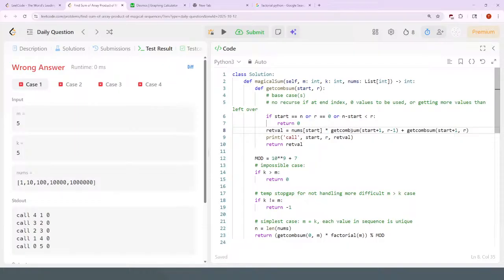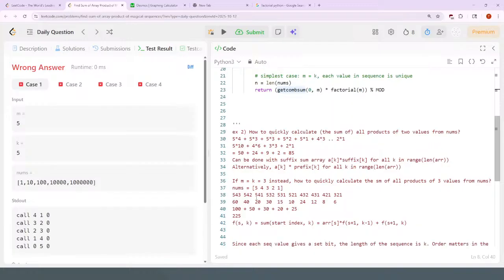I guess it's always multiplying by the value. Multiplying by the value of, okay.